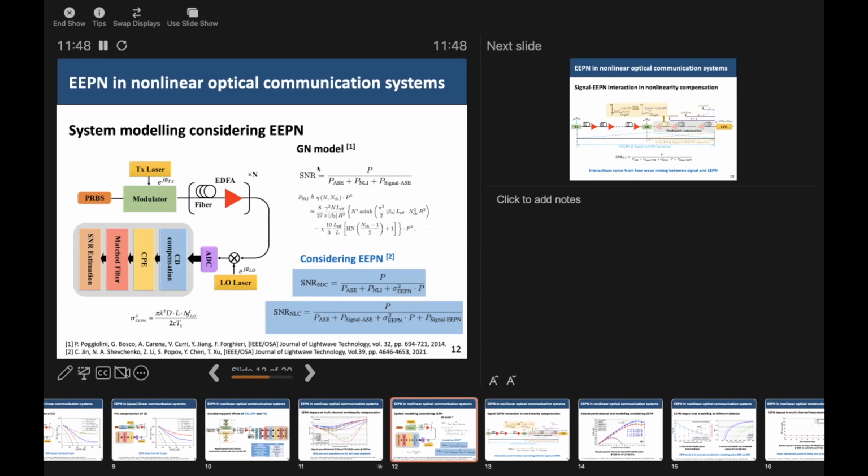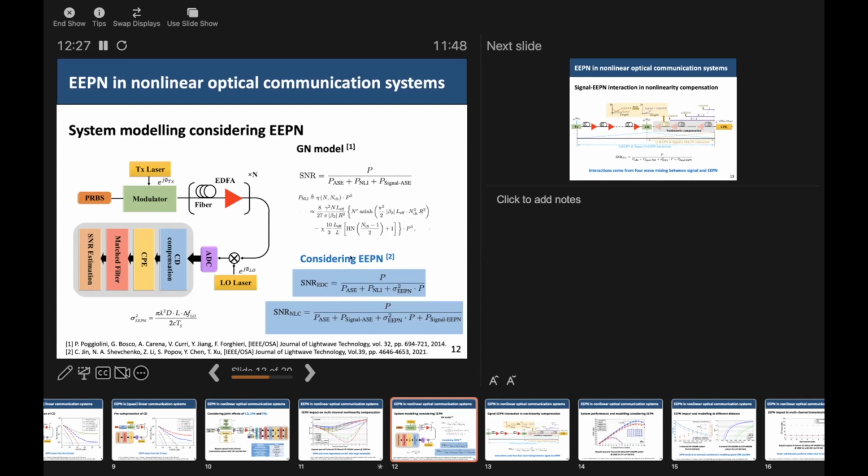According to the Gaussian noise model, the signal to noise ratio at the receiver side can be evaluated as a ratio between the transmitted power and the noise from the amplifiers, the fiber nonlinearities, and the signal-noise interaction. The fiber nonlinearity interference can be expressed like this: it increases with the number of channels, the effective length, the symbol rate, and also the signal power.